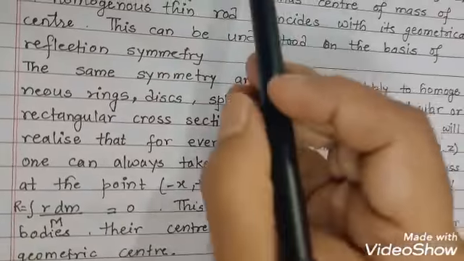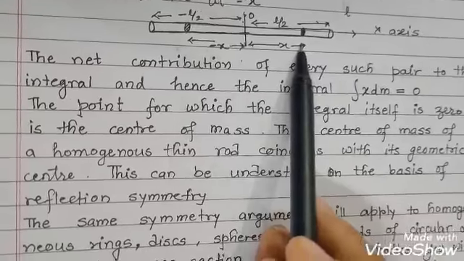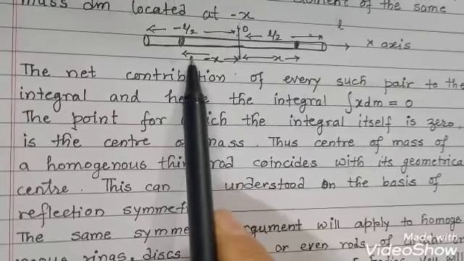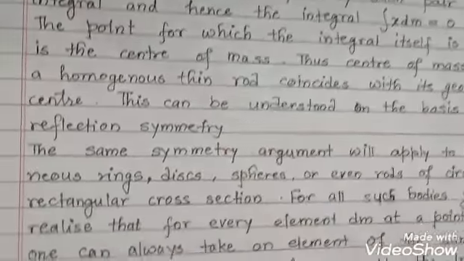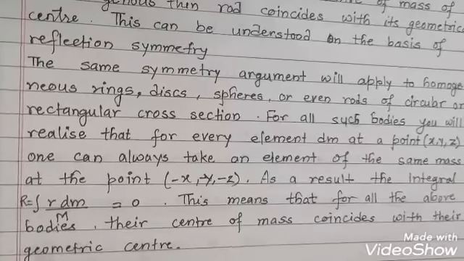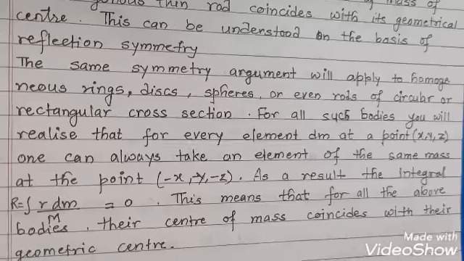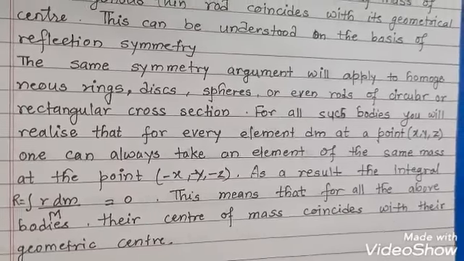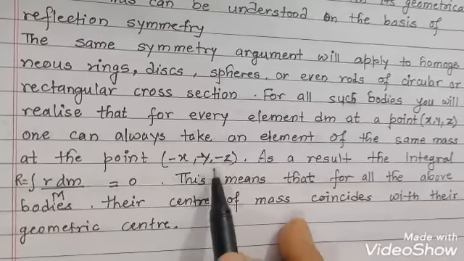As we have taken here, at distance x there is the small element dm, so at distance minus x the same small element dm can be taken. In the same way for all these geometrical figures, the homogeneous rings, discs and spheres, or even rods of circular or rectangular cross section, we will find the same mass at the point minus x, minus y, minus z.